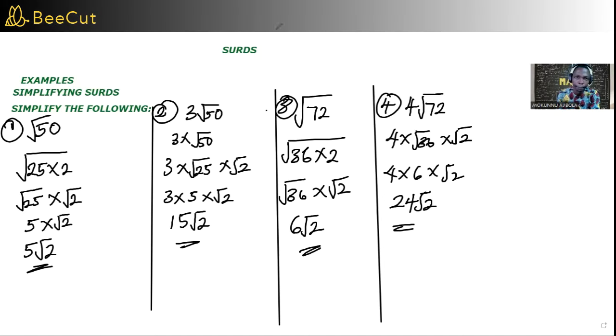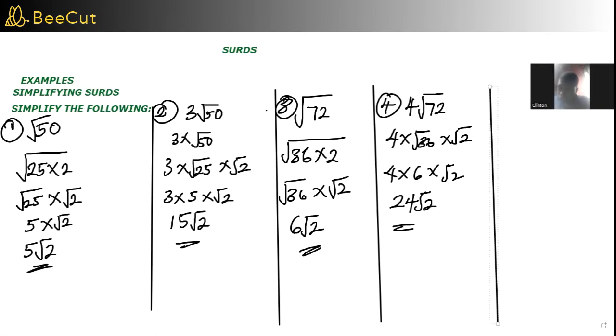And this number 5. For number 5, I have root 300.